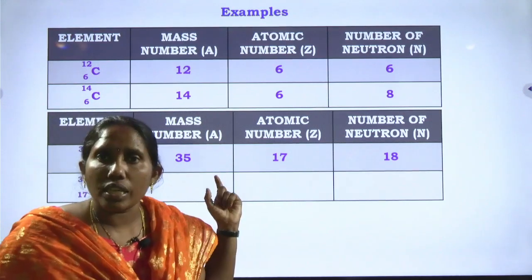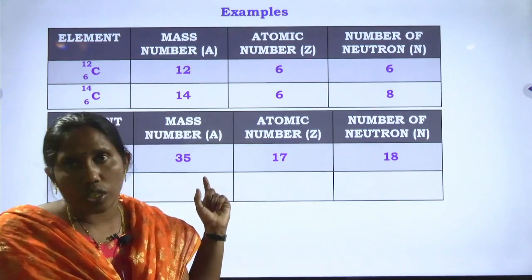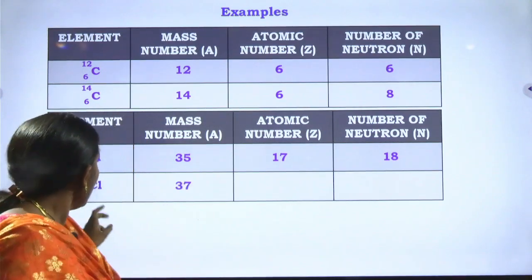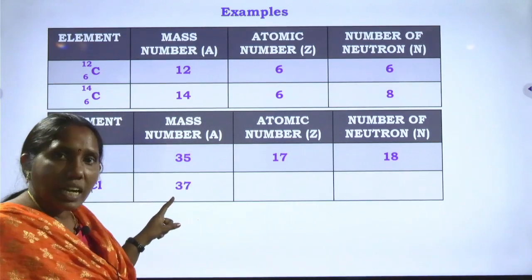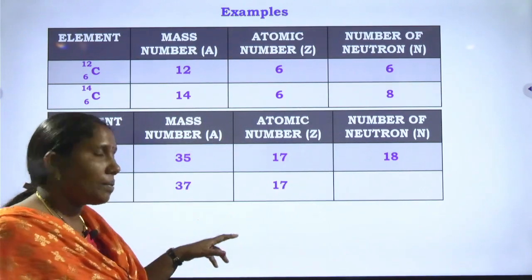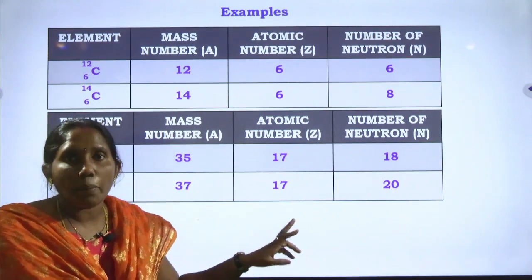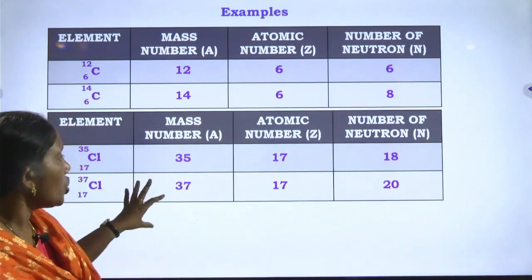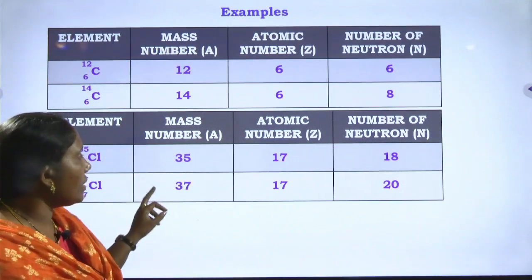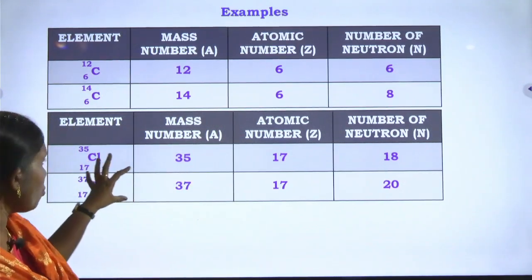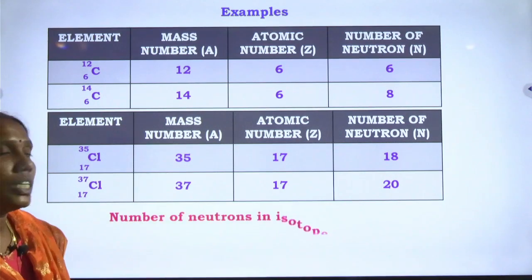So those are isotopes to each other. For chlorine 37, its atomic number is 17, and 37 minus 17 gives 20, so the number of neutrons is 20. Same atomic number but different mass number, so these two are isotopes to each other.